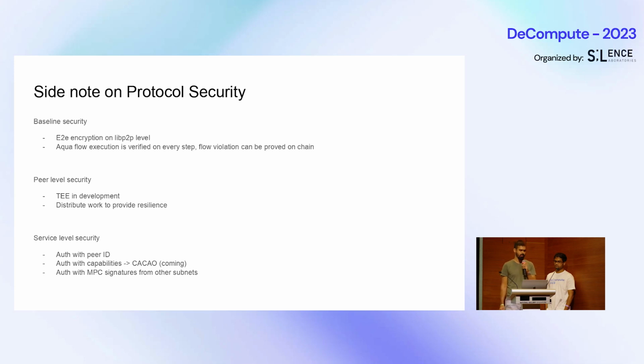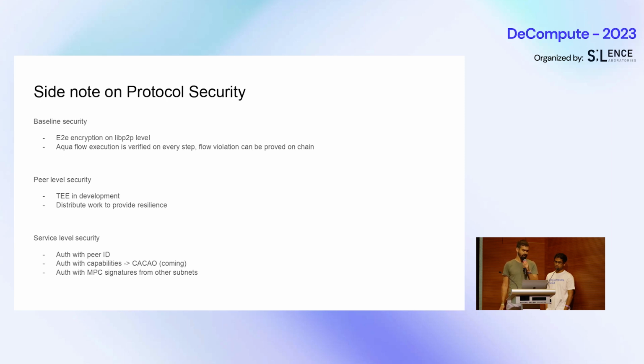And in the Aqua flow execution itself, as there's no coordinator, execution is moved from peer to peer, and every next peer verifies all the previous steps of the flow. So if the flow is violated, then this violation can be proved on-chain, so the stake of the malicious peer that changed the data or removed the data from the previous steps or did something like that can be slashed.